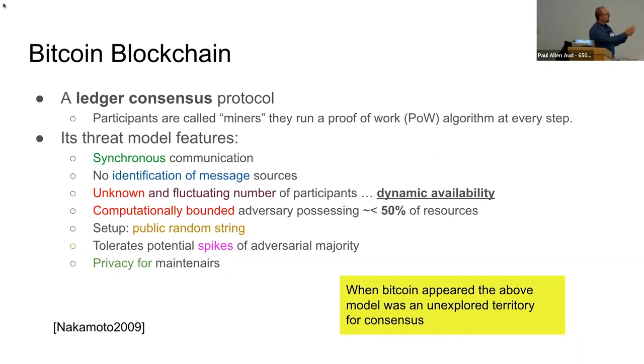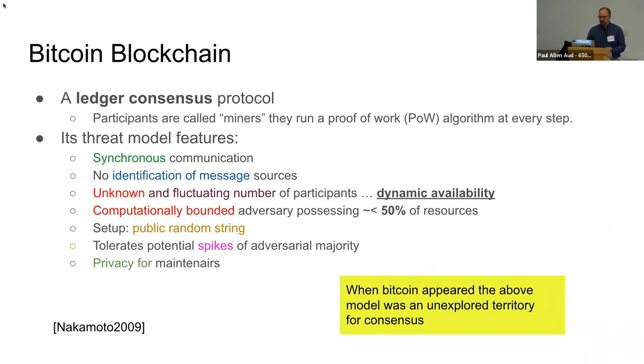And there is an unknown and fluctuating number of participants. This, as we will see, relates to the concept of dynamic availability. The participants do not know how many of them are out there, and furthermore, they cannot necessarily predict how this number will change in the very near future, or even in the next step. There is a computationally bounded adversary which possesses 50% of resources, but contrary to the classical way of looking at the problem, we don't restrict the number of servers it has, we just restrict its computational power.